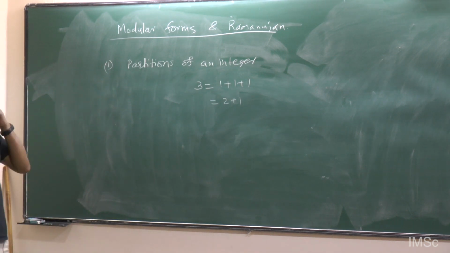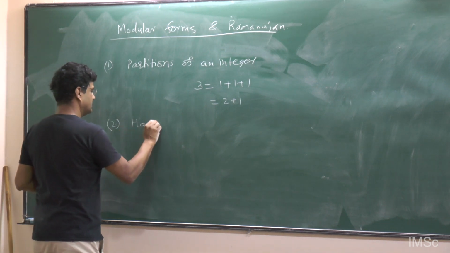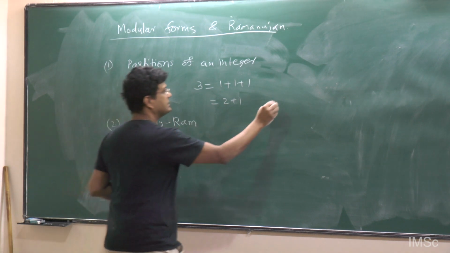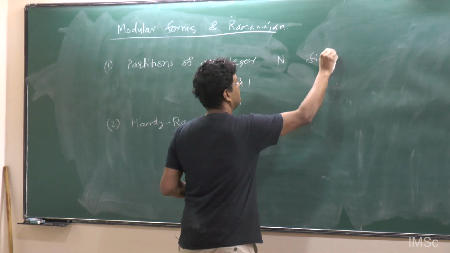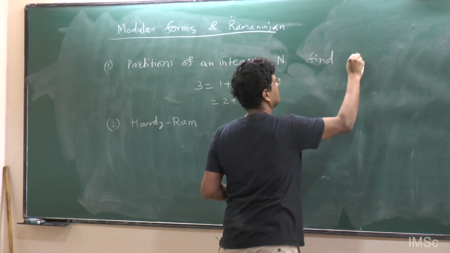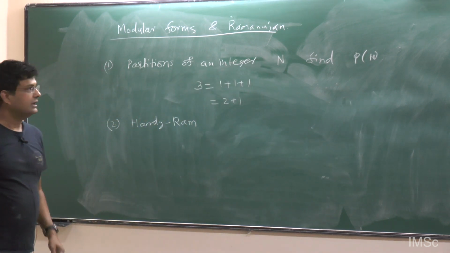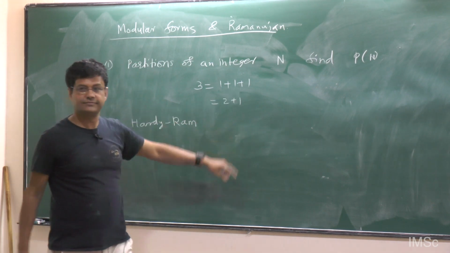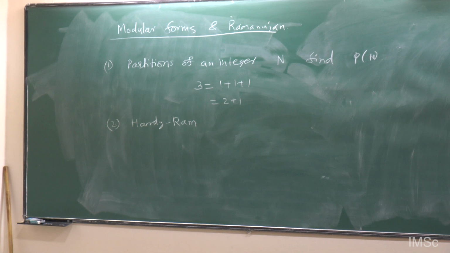And so on. The second problem is what is known as the Hardy-Ramanujan-Rademacher expansion. So given an integer n, find the number of partitions of an integer. And instead of using integers of the same color, I can use integers of different colors, for example, red and blue.